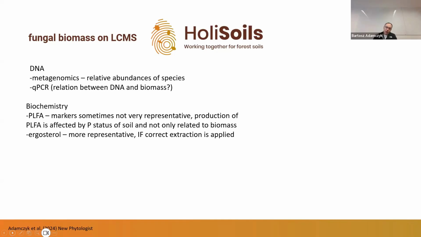PLFA is phospholipid fatty acids. And it also depends on the phosphorus status, so it depends. In case of ergosterol, which I wanted to underline here, it is a good marker for fungal biomass only, because PLFA can also provide us bacterial biomass. But ergosterol is more representative if the correct extraction is applied.